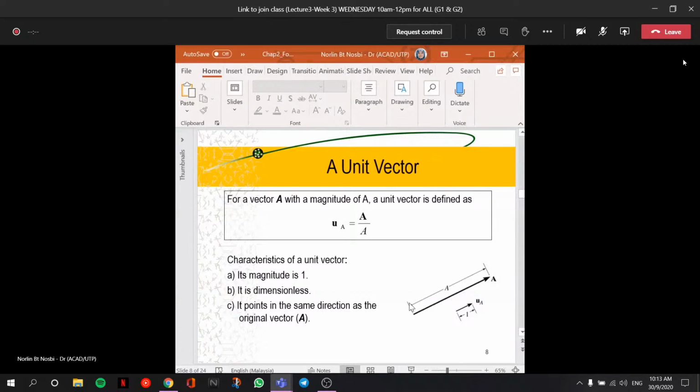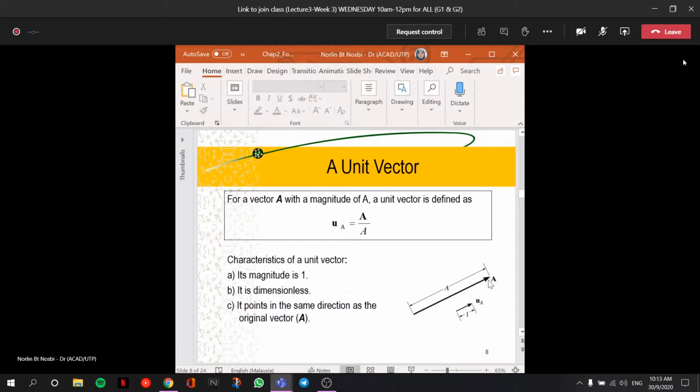For example, 3 meters, so that is the magnitude. And the vector is the arrow here that shows direction, together with the value.